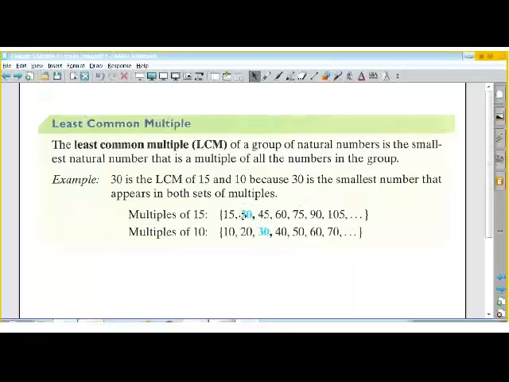Then you look for the first time you see the same number in both multiples. So I see 30 is a multiple of 5, 15, and 30 is a multiple of 10. So this is what we call the least common multiple. There's other common multiples. 60 is a common multiple. 90 will be a common multiple, but 30 is the smallest of the common multiples. So it's called the least common multiple.